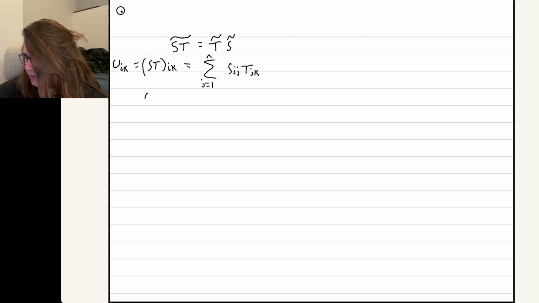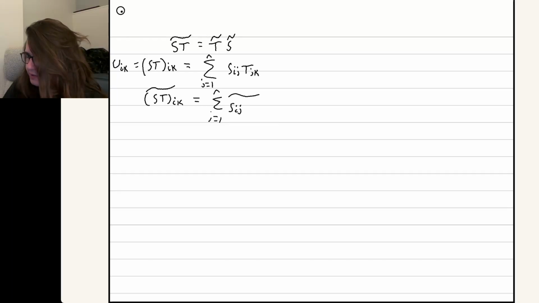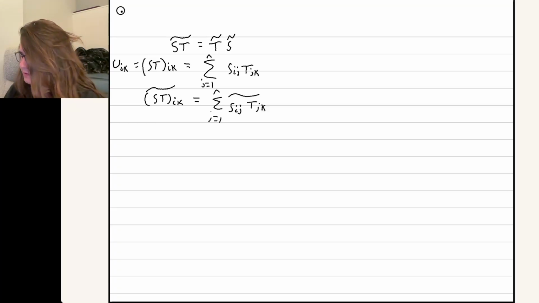On the left-hand side, the transpose is going to be pretty obvious. On the right-hand side, not so much, because as of right now, Sij and Tjk, with them being in the sum, are both scalar quantities, and so their transpose doesn't really exist.